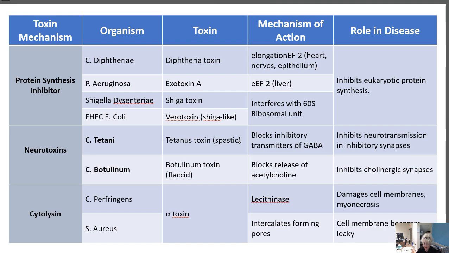So with Clostridium perfringens, it damages cell membranes and causes myonecrosis. You can get what we call gas gangrene with Clostridium perfringens if it's under the skin. It almost sounds like crepitus. It's like crackle and pop right under the skin because of the lecithinase. And with Staph aureus, the cytomembrane becomes leaky.